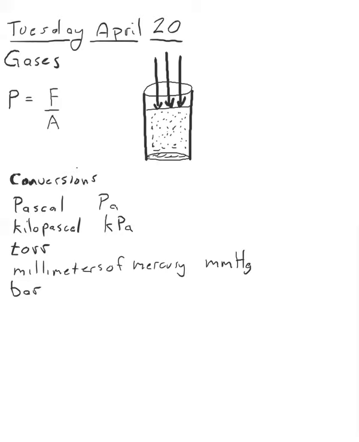And there's pounds per square inch, typically written as PSI or PSIG, depending on how it's measured. So you can see there are a lot of units here. And then there are atmospheres, which is ATM. The abbreviation for atmosphere is ATM.